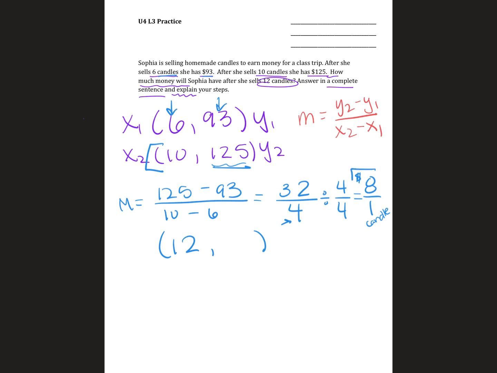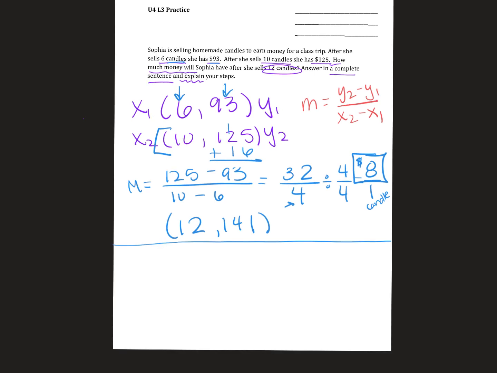So how much money are we going to add for 2 candles? Well, if 1 candle is 8, 2 candles would be 16. So we're just going to add 16 to 125. So if I add $16, I get 141.